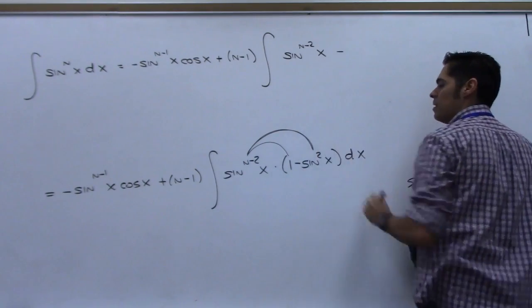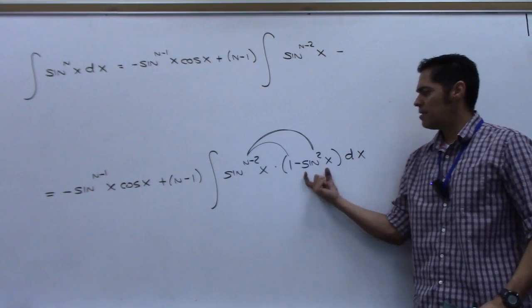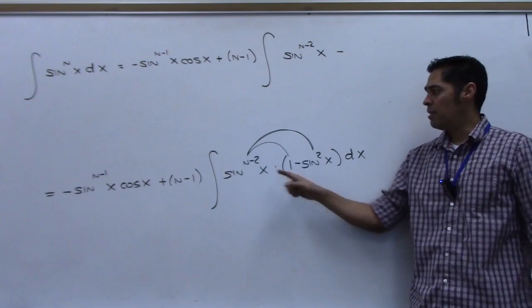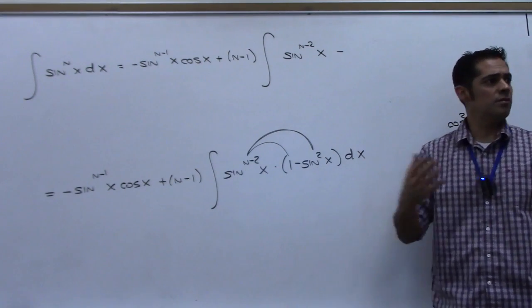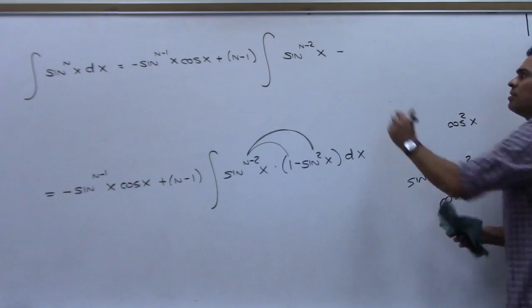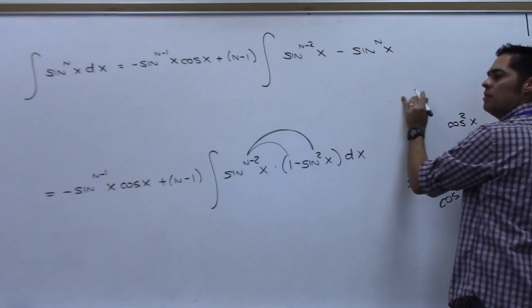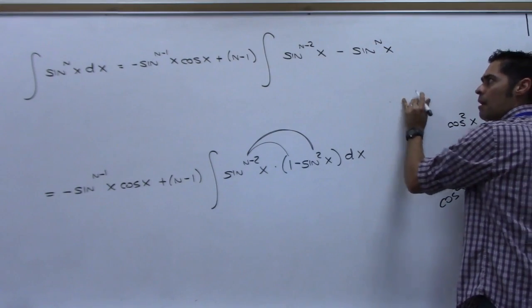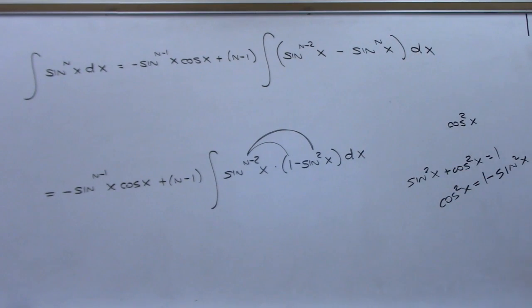So it's minus, and what is sine to the n minus 2 of x times sine squared of x? Sine to the n, right? Same base, sine x, add the exponents, n minus 2 plus 2 is just n, isn't it? So this is minus sine to the n x, and then dx. I haven't taken an antiderivative yet. Y'all okay with this?